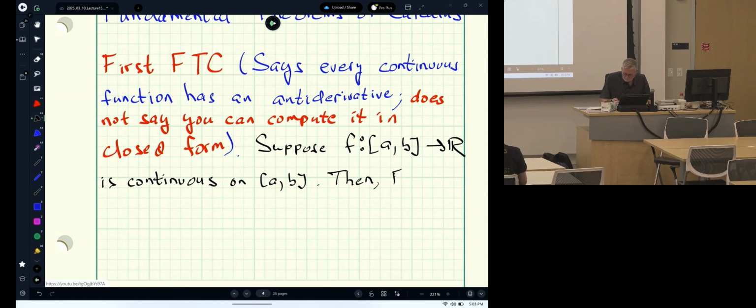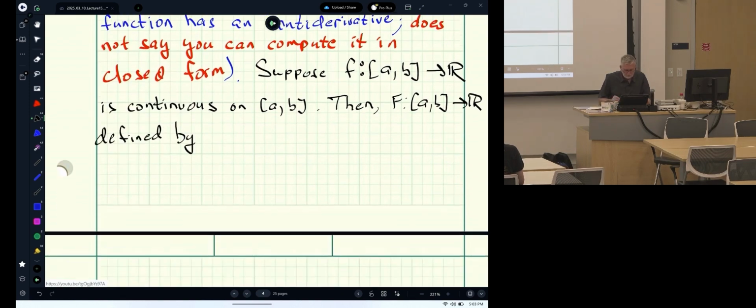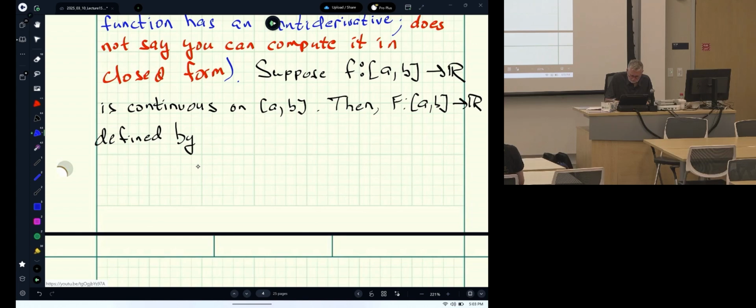Then capital F takes [a, b] to R, defined by capital F of x, by definition, equal to, let me let you catch up.